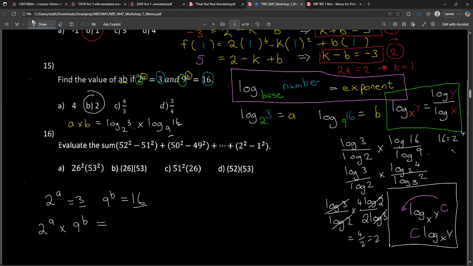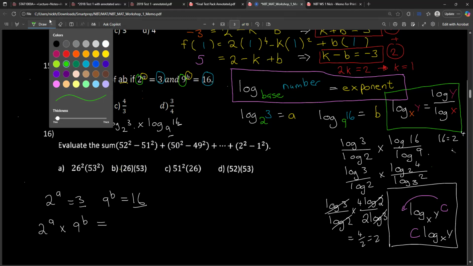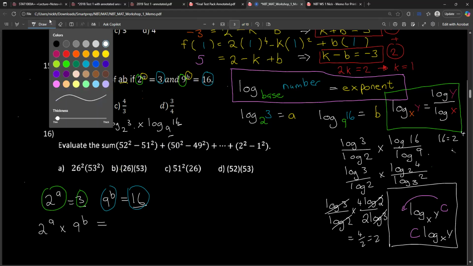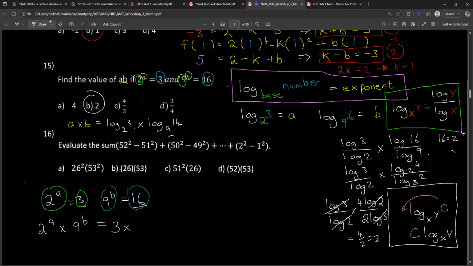Because if green is equal to green, and blue is equal to blue, then I can say that green times blue is equal to green times blue. I don't know if the colors made it sound more confusing. 3 times 16.